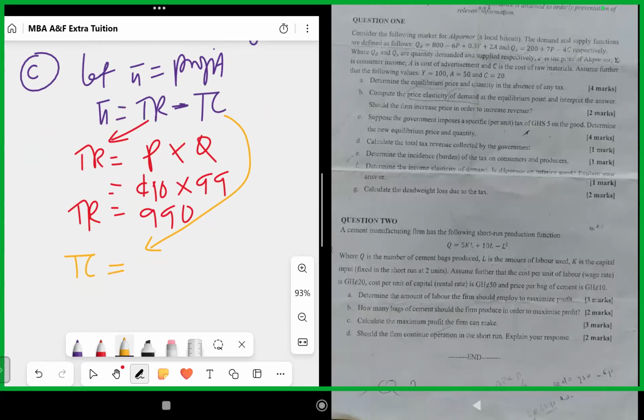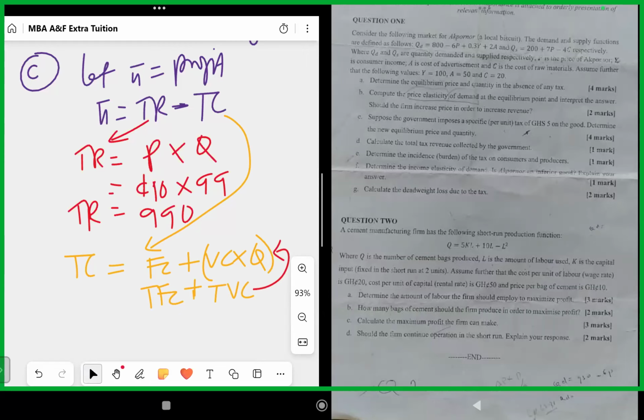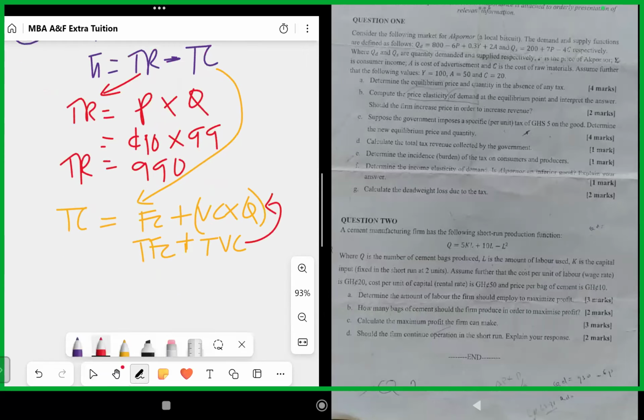Now, ordinarily, the total cost function should be fixed costs plus variable costs times quantity, or total fixed costs plus total variable costs. And the expansion of the total variable cost is this. But in this question, the fixed cost will be assumed as 0. So what we would rather write is total variable costs.